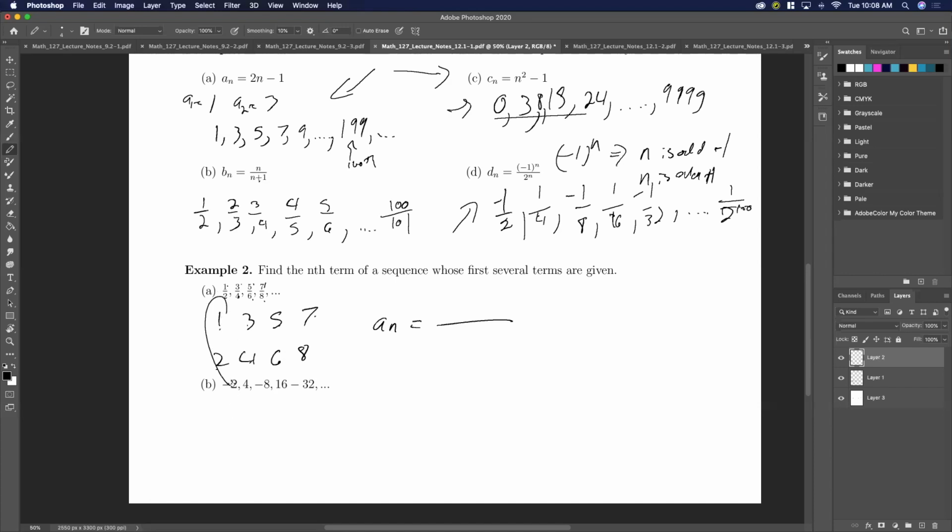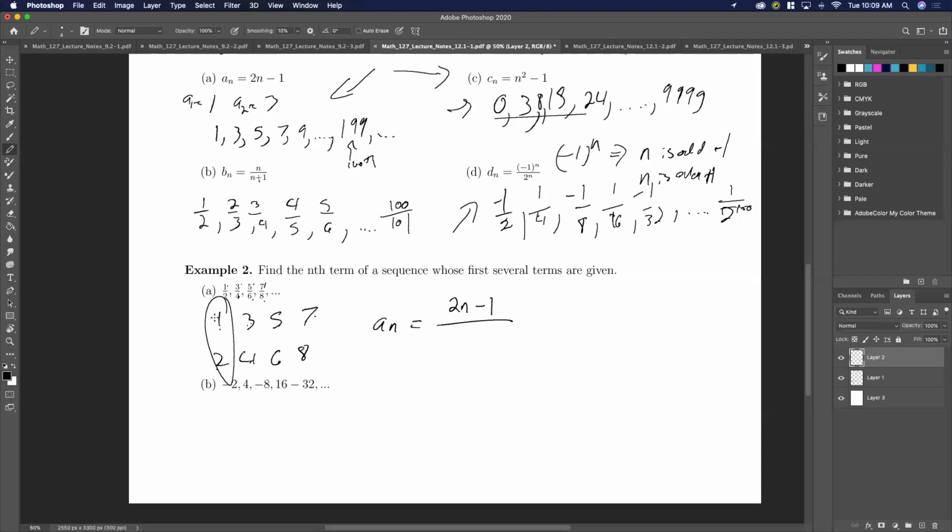My first number here is 1. My second number here is 3. If I wanted to produce that, I'd have 2n minus 1, because here I go up 2 every time. But if I start at 2, I'm 1 too high.